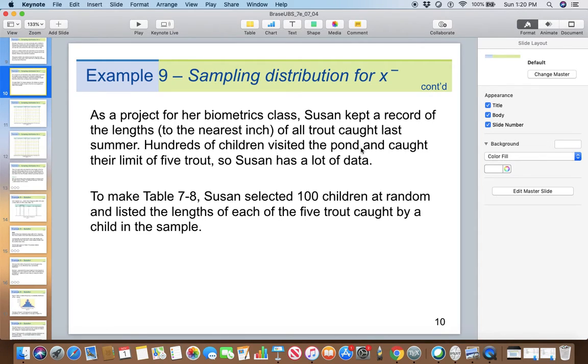Hundreds of children visited the pond and caught their limit of 5. So Susan had a lot of data. Susan selected 100 children at random and listed the lengths of each of the 5 trout caught by each child in the sample. So Susan is now looking at a sample of 100 children.